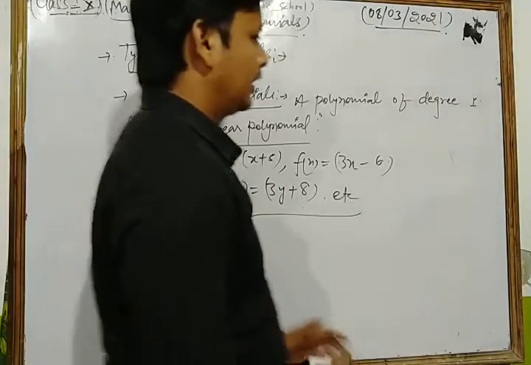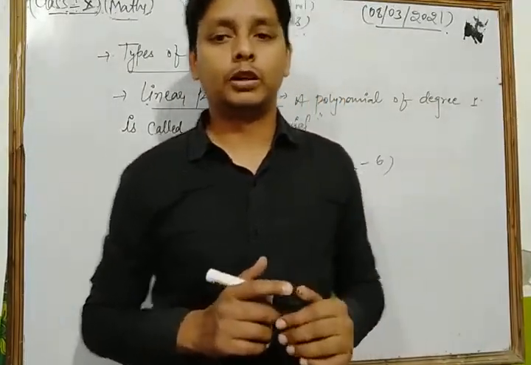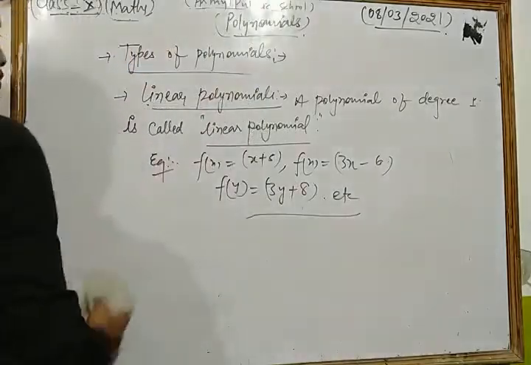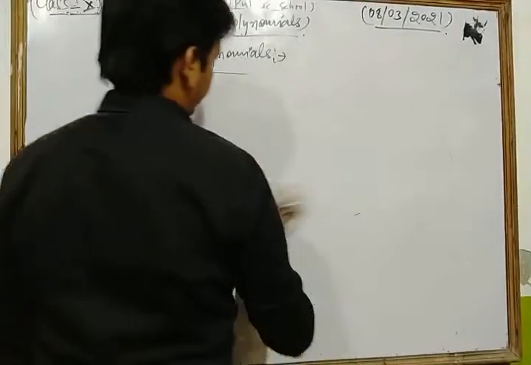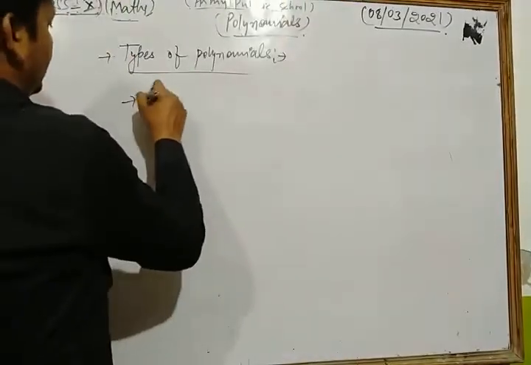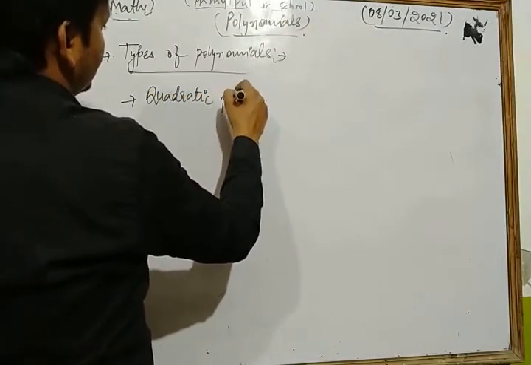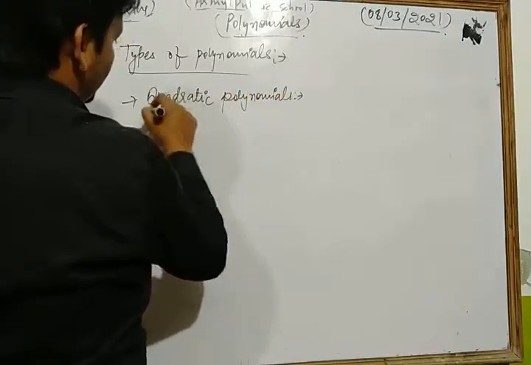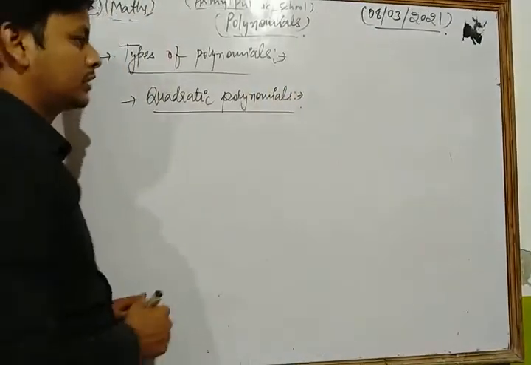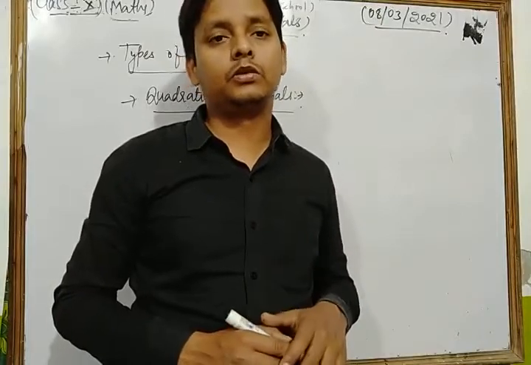Now the next type of polynomial is the quadratic polynomial. Let's see, dear students. Now we are going to discuss the quadratic polynomial. A polynomial of degree 2 is called a quadratic polynomial.